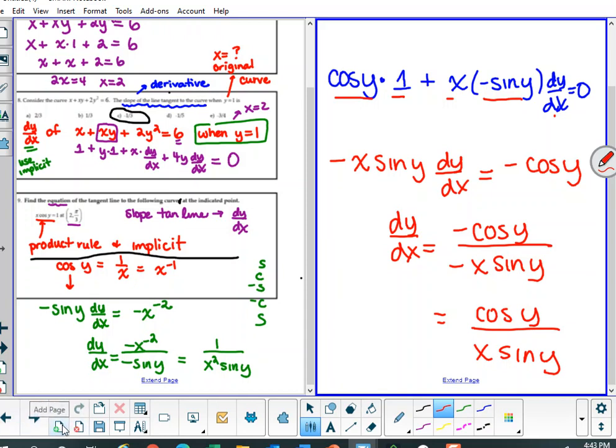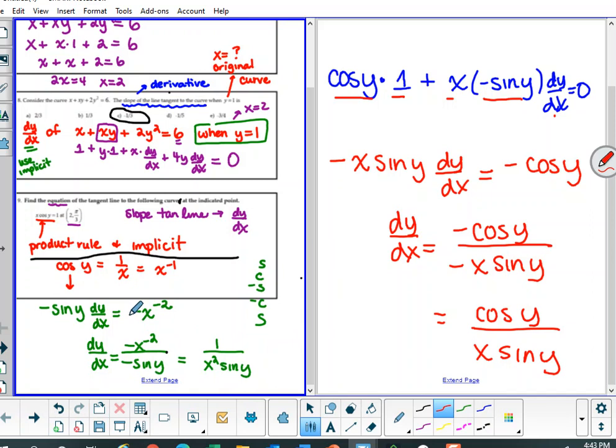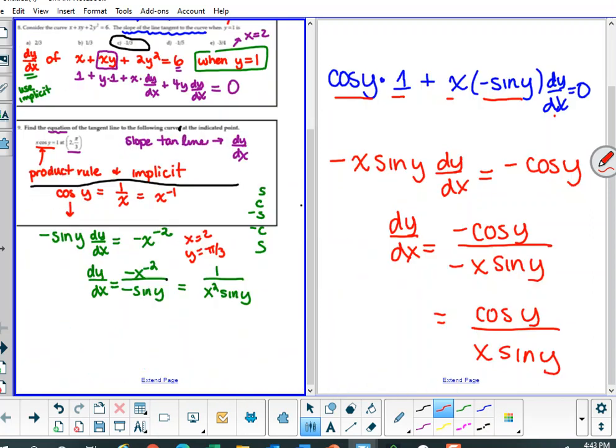All right, so let's go to this side. X is 2, y is pi over 3. So this would be 1 over 4 times sine of 60, that's the big sine, so root 3 over 2. So 1 over 2 root 3.